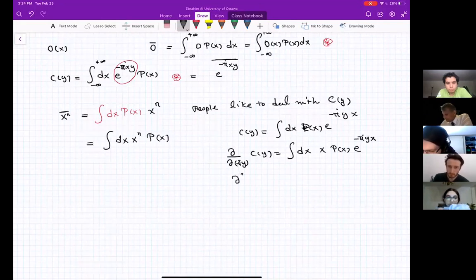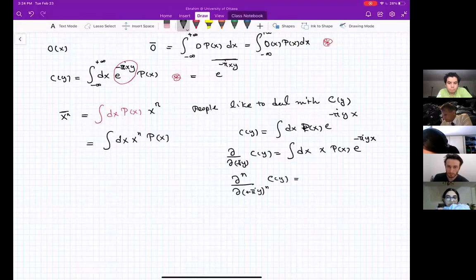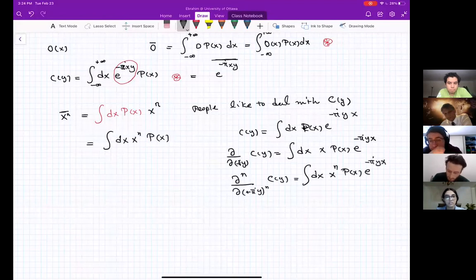Take n derivatives, n-time derivatives of this with respect to minus iy of C(y). Then you will get the integral of dx x to the power of n p(x) e to the power of minus i y x. Clear?